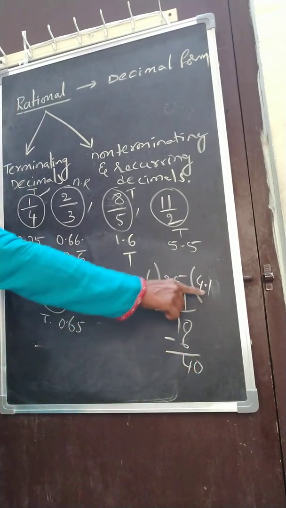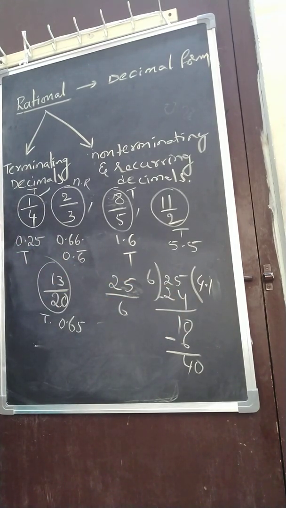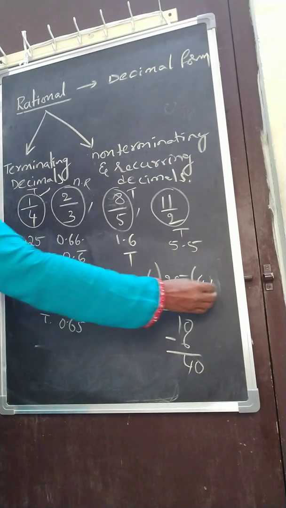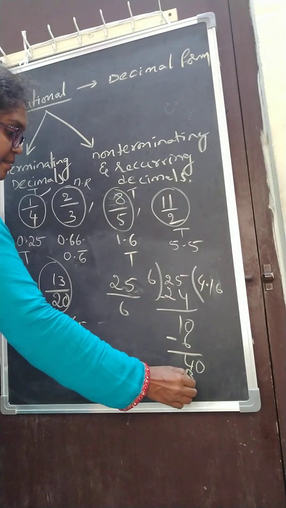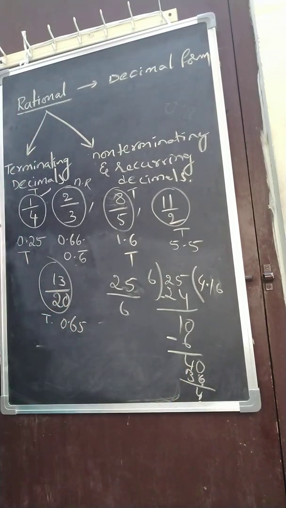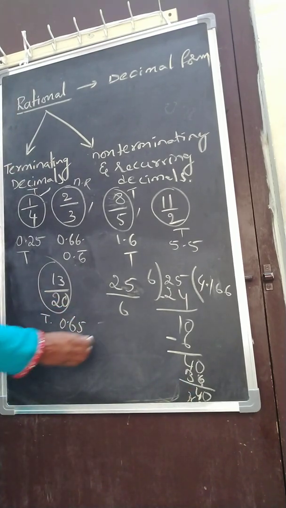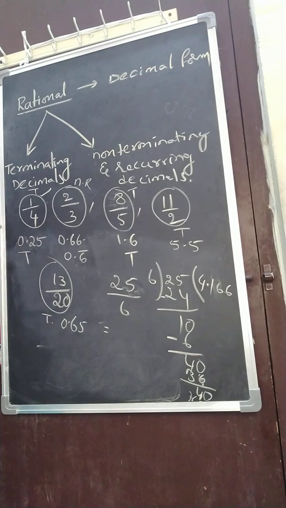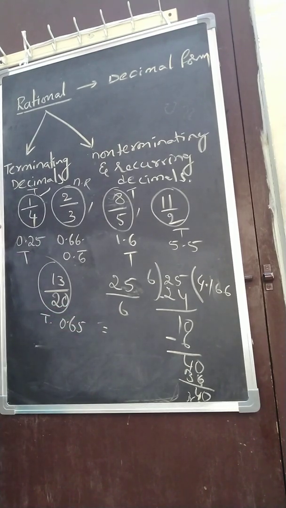Again 0 we can take because we have kept one decimal point in the quotient. 40. 6 sixes are 36. Again 4 comes. Again 40. Again 6 sixes are 36. Again 4 comes. So we can observe 25 by 6 is non-terminating and recurring decimal.